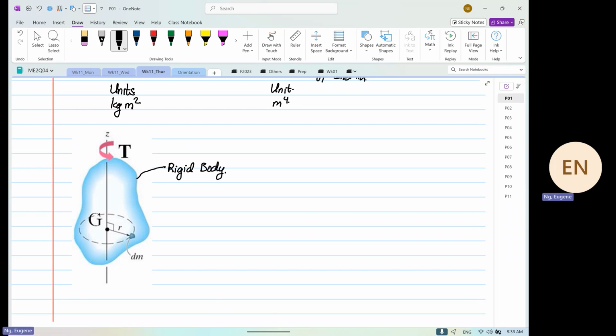Rigid body. And very important to mention, G is known as the center of mass. Again, G is the center of mass.